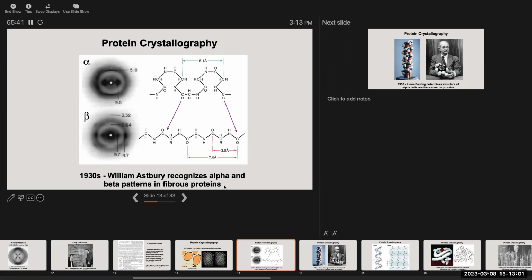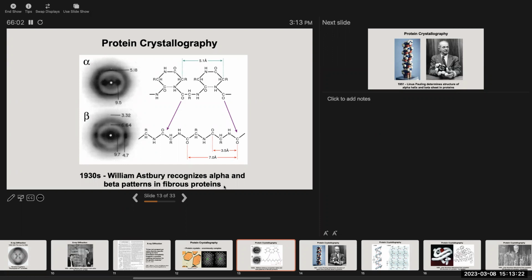So he reasoned that the beta pattern represented just a linear chain of amino acids in a straight line, and the alpha pattern somehow represented a folding of the amino acid chain into repeating units, which you see there at the top.